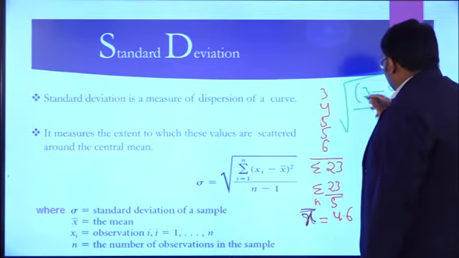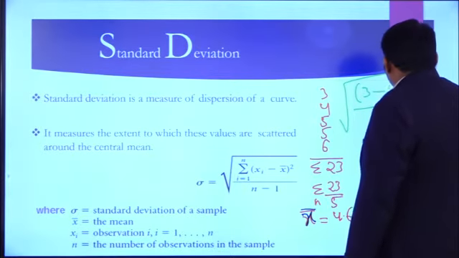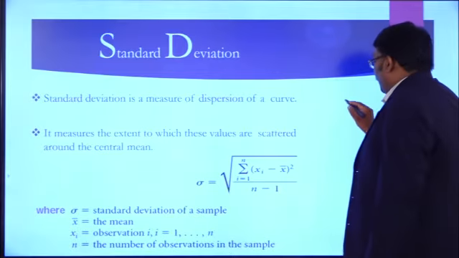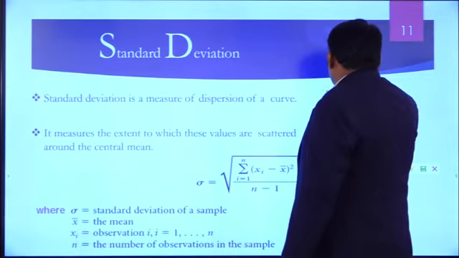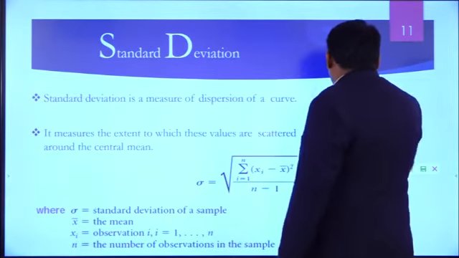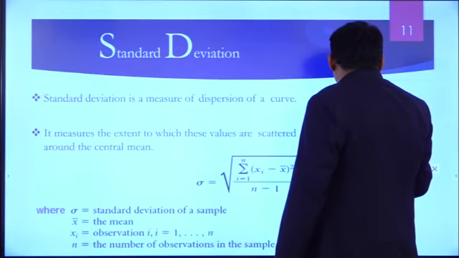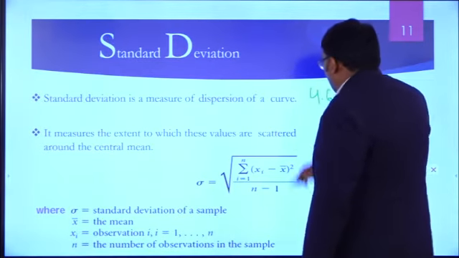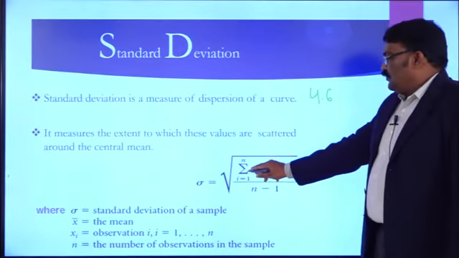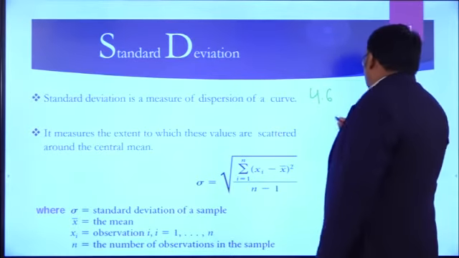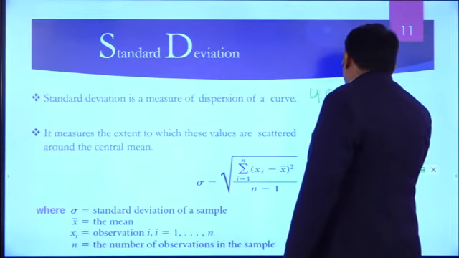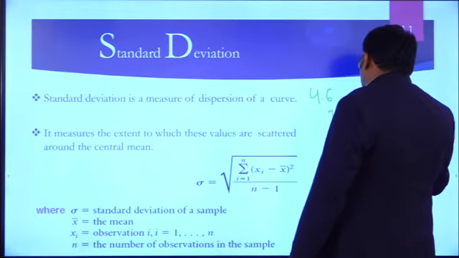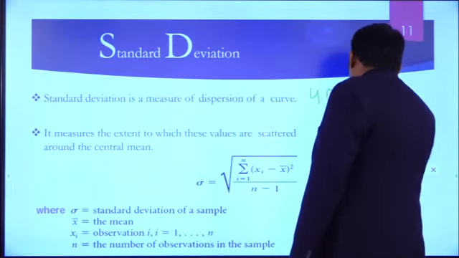After identifying, for example, 4.6 is the value we have got. Now we are doing the summation of what? For the first one, 3 minus 4.6 is equal to minus 1.6.